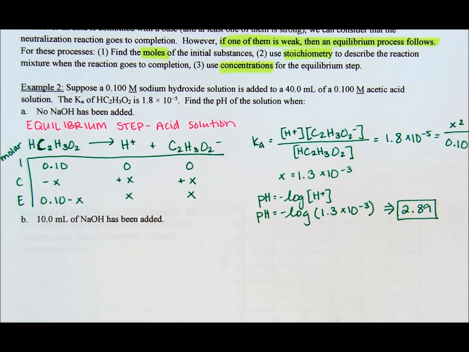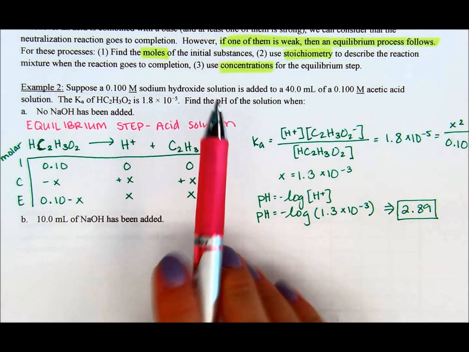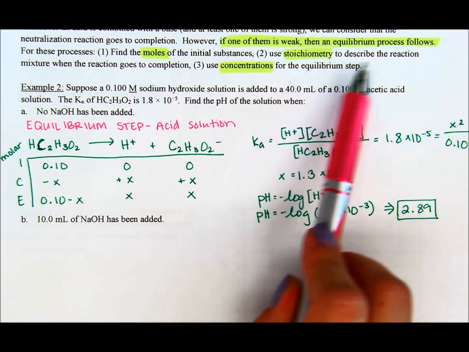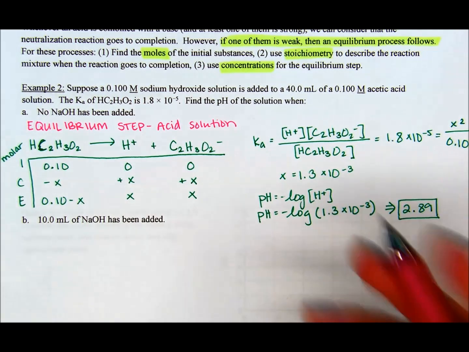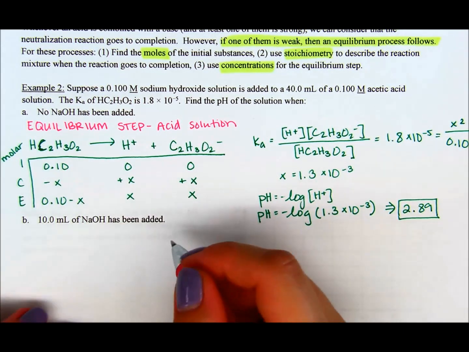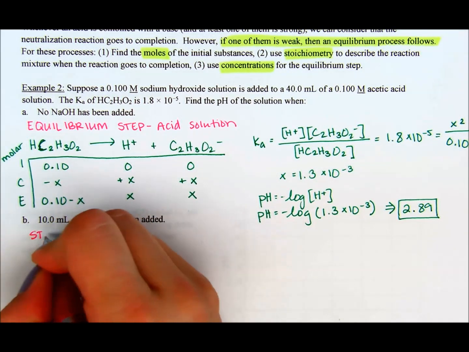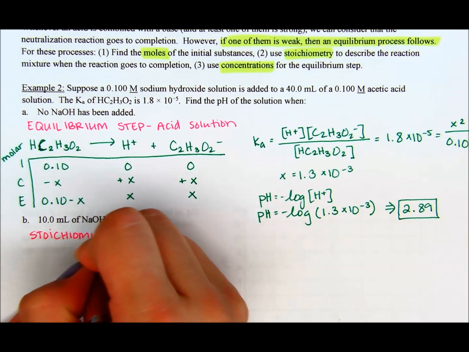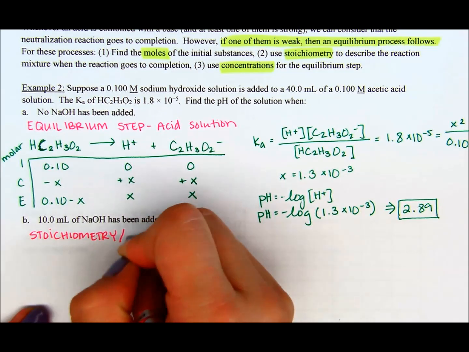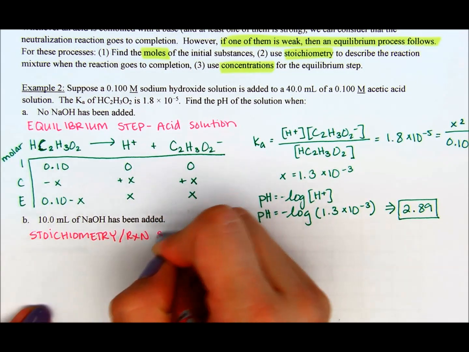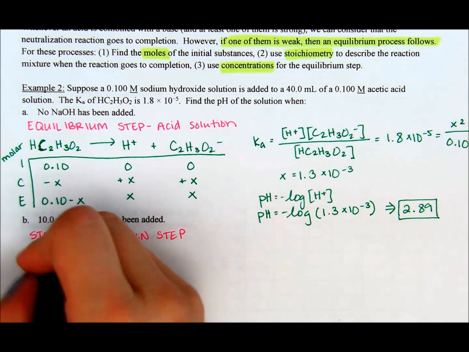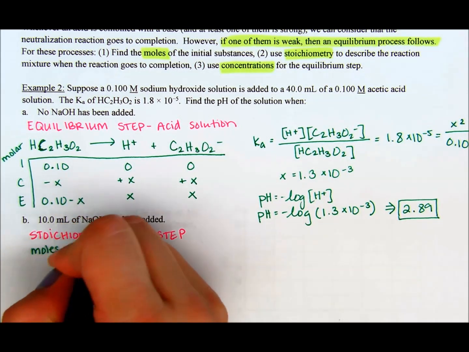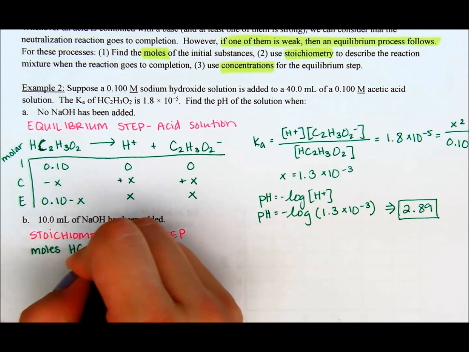So when we add sodium hydroxide, first we're going to find our moles of our initial substances, then we're going to use stoichiometry, and then use concentrations in our ICE table. So here I'm going to go ahead and find the moles. This is going to be my stoichiometry reaction step. In this step, I'm going to find the moles of acetic acid first.